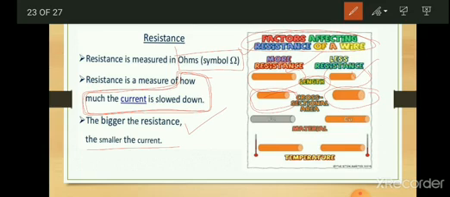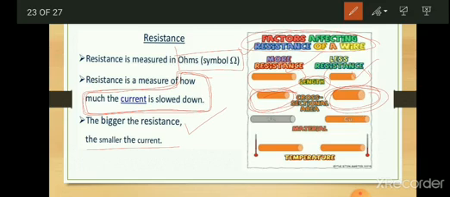Instead of a small door, if you fix a larger or broader door, then more people come out, so resistance will be less. Therefore, the thicker the wire, the less the resistance. The thinner the wire, the more the resistance.